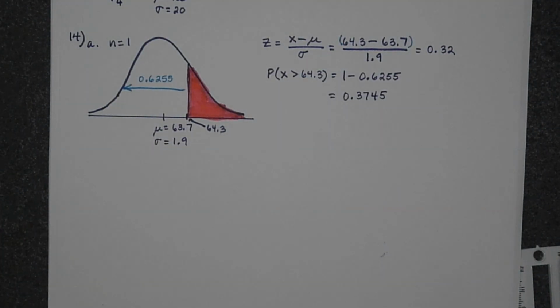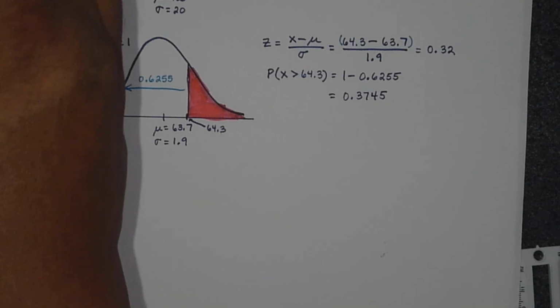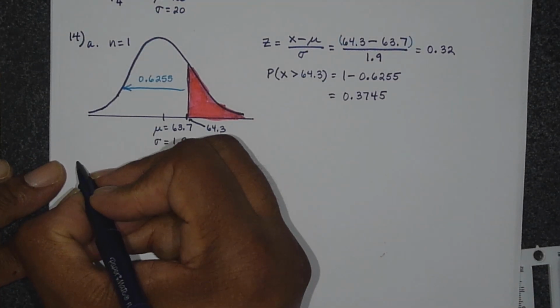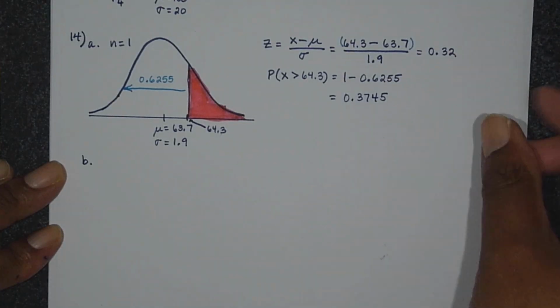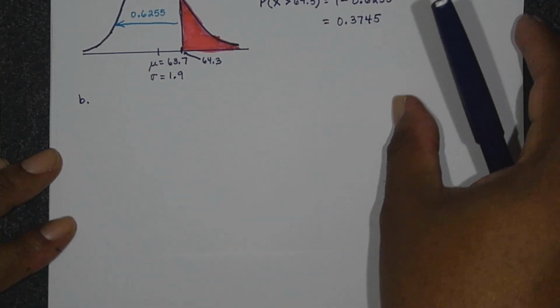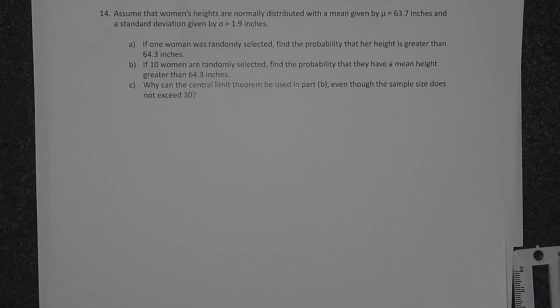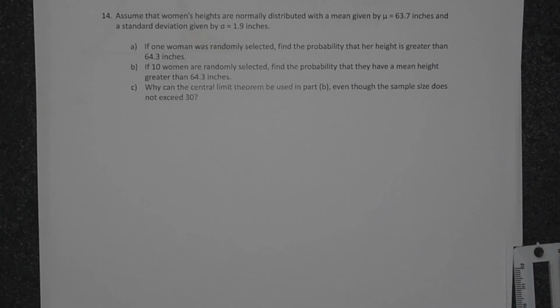Okay, so that right there is part A, where we're finding the probability that a woman's height is greater than 64.3 inches. That's just for a single woman. In part B, they ask this question: if 10 women are randomly selected, you want to find the probability that they have a mean height greater than 64.3 inches.